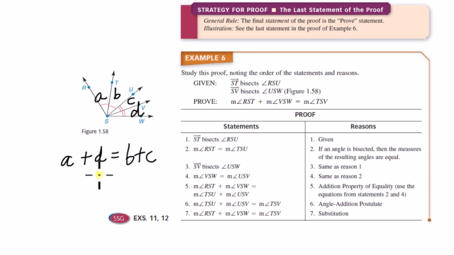What we're given is that ST bisects RSU, so A is equal to B, and we're also given that C is equal to D. If we take B and substitute B for A here, we get B plus D. Now we can take D and substitute that for C here.